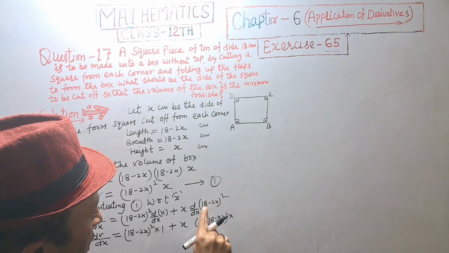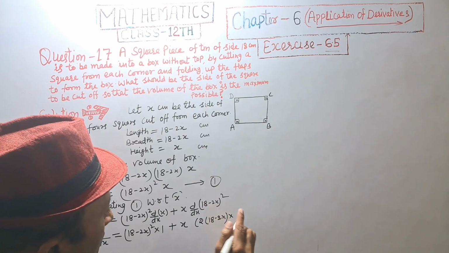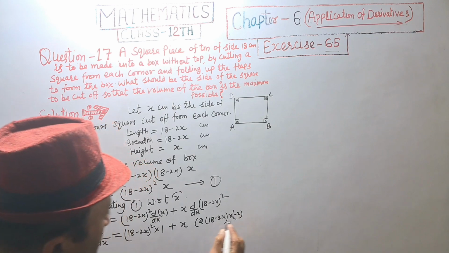Derivative of 18 is 0, derivative of minus 2x is minus 2.